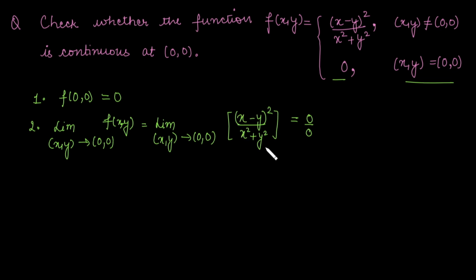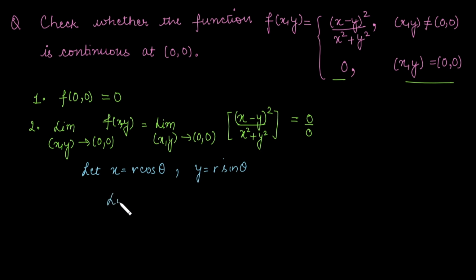One way we can observe from the denominator, it has x square plus y square. It means we can convert this Cartesian function into the polar function, and after that we can find its limit. For that we will let x is equal to r cos theta and y is equal to r sin theta.